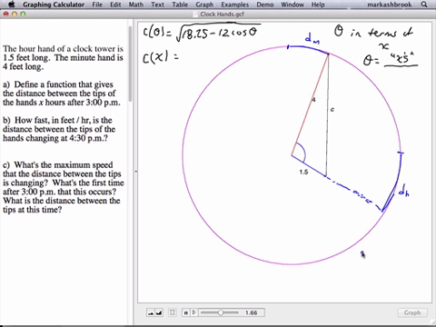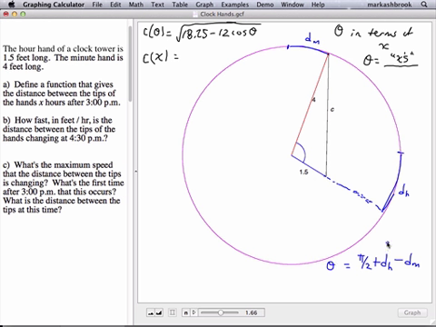Yeah, pi over 2, right? So it started at pi over 2, and we added that distance, but we also subtracted that distance, right? And so this is theta.